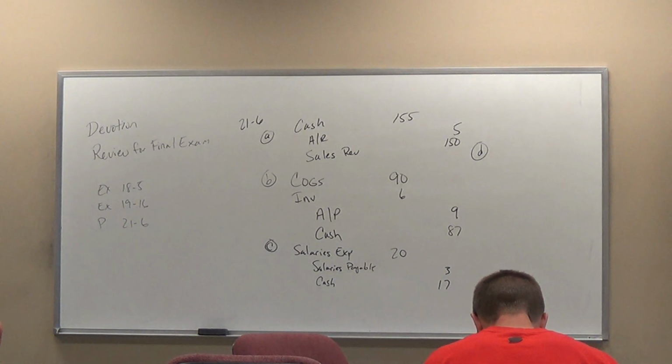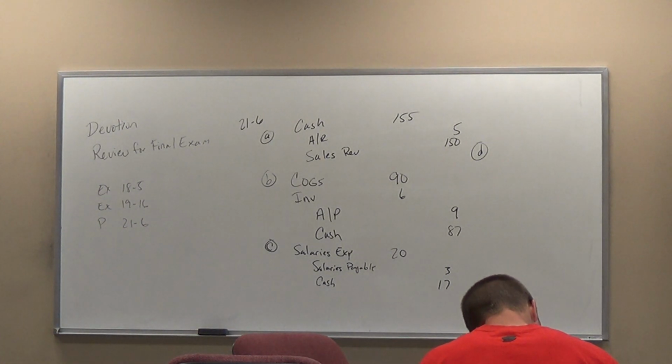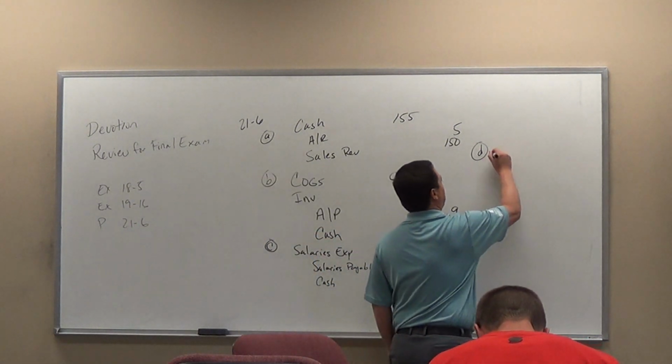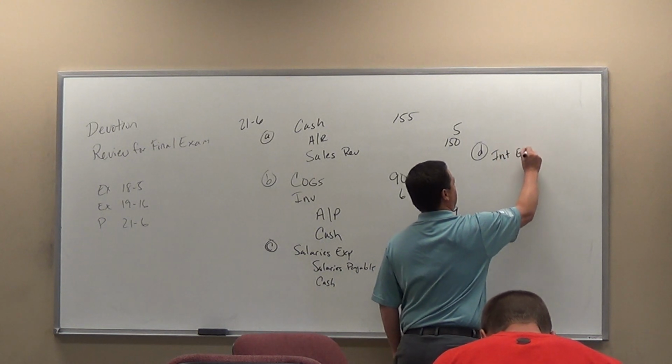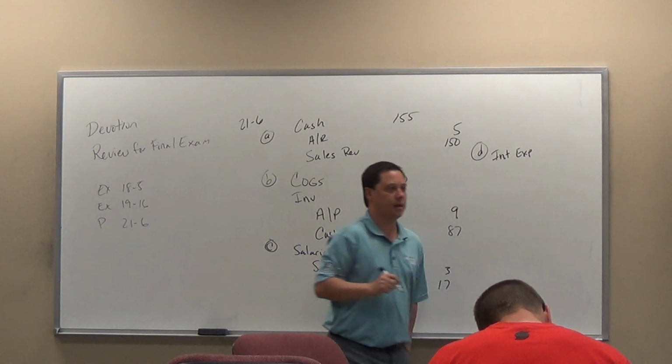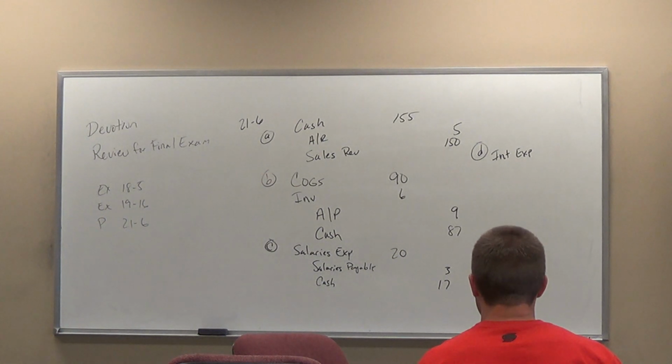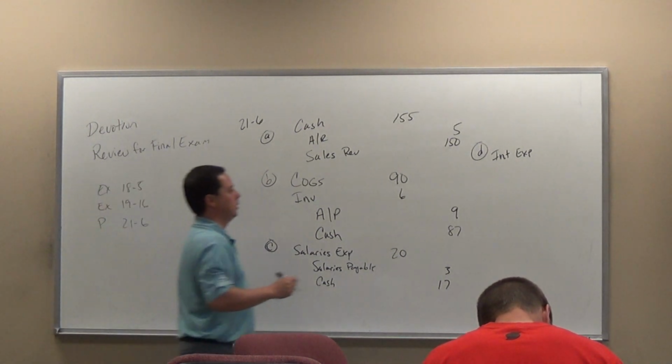All right, so with D, we have cash paid for interest during the reporting period. So we have cash paid for interest, we have interest expense. We'll go interest expense here. All right. How much was that? 6, okay.